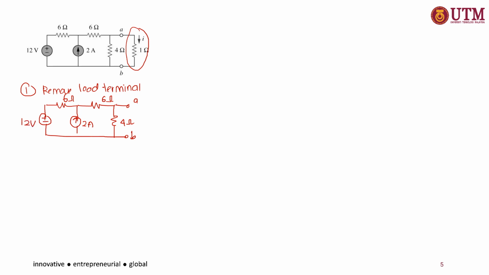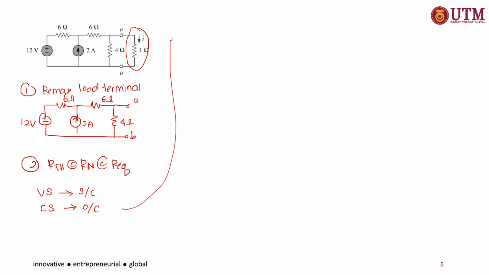Okay, and then the second step, you need to find the R Thevenin or R Norton, or we can also call it R equivalent. In order to find this R equivalent, if you have a voltage source, you need to do a short circuit. If you have a current source, you need to do an open circuit.